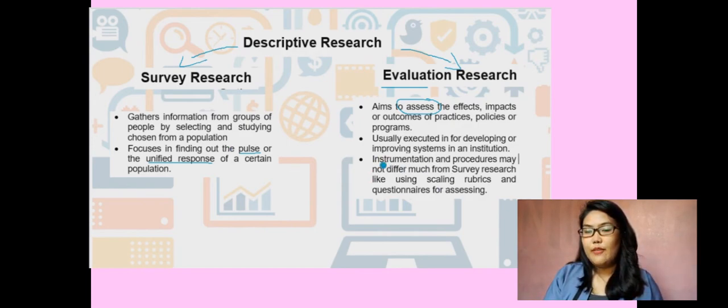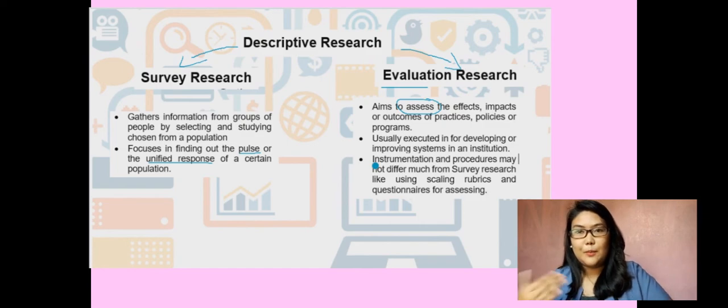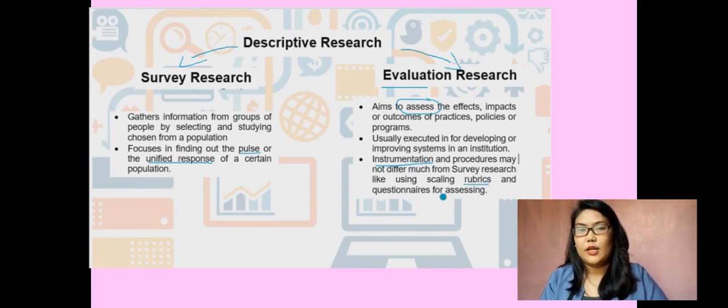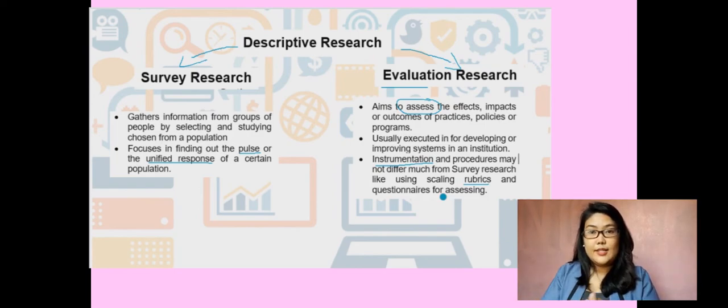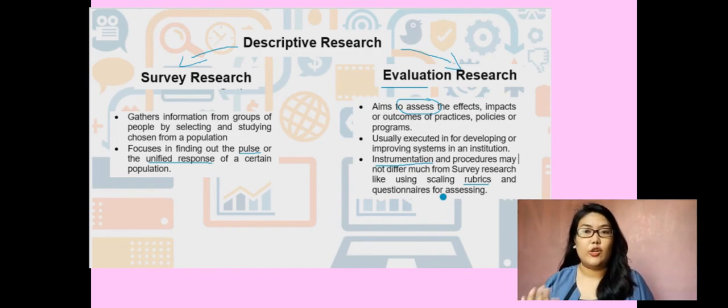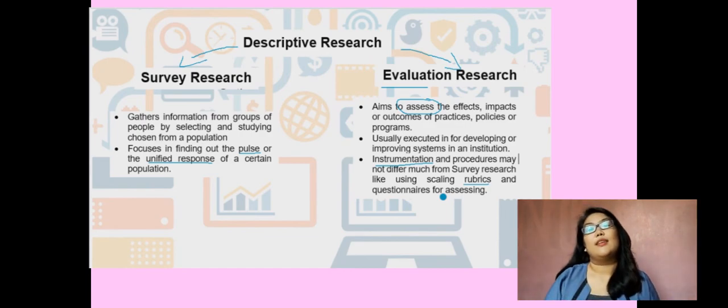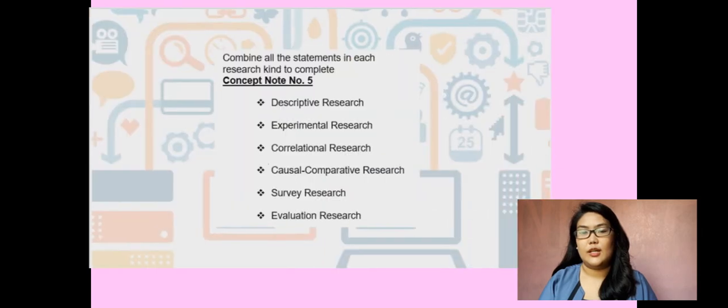So, of course, when we evaluate something, there are some criteria to be used or to be standard, to be compared para makita, nakakapag-follow ba? Ayan. We have here rubrics. Rubrics are the scoring guides wherein criteria is used to evaluate kung nami-meet ba yung criteria na yun o hindi. Pasa ba? Ayan. Okay, that's for evaluation research.